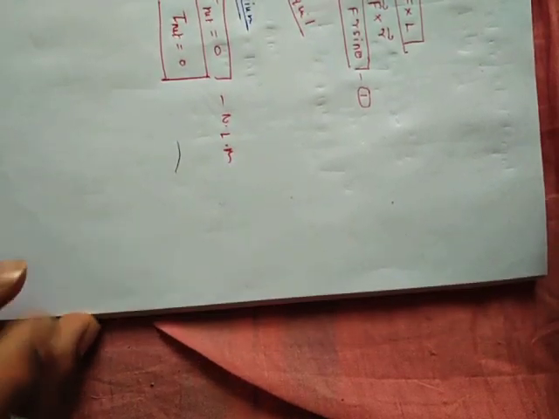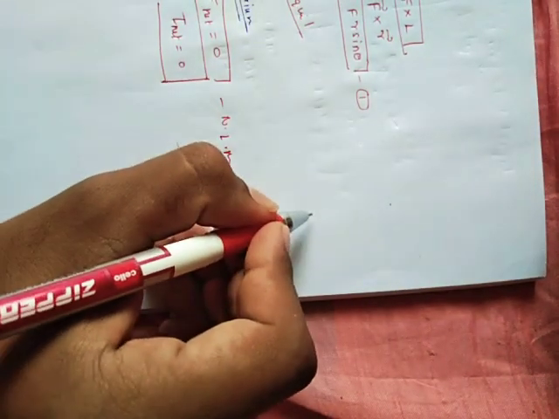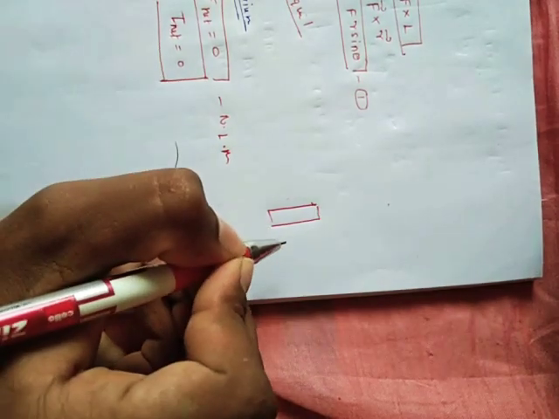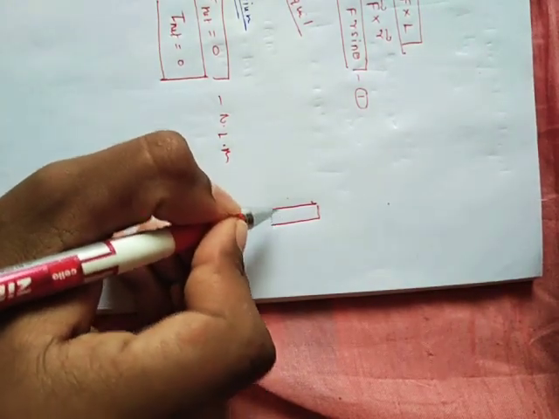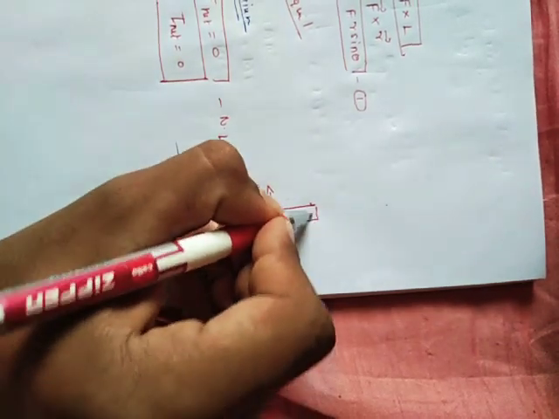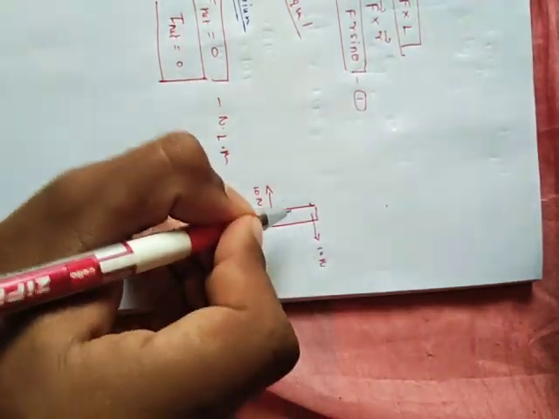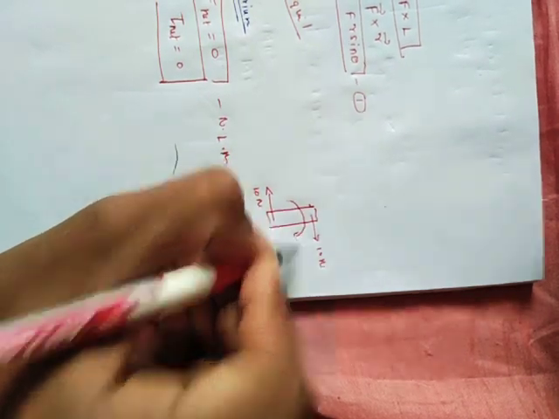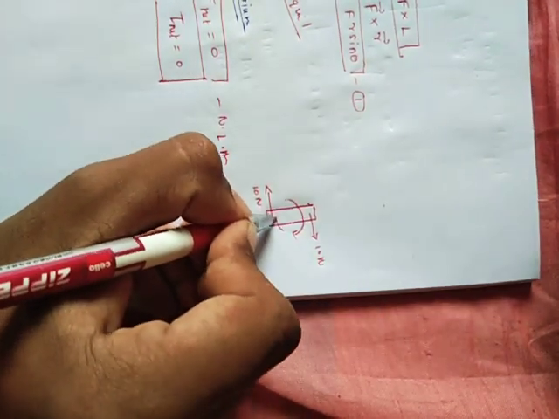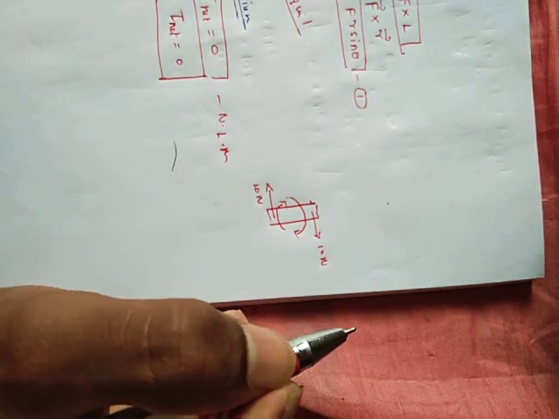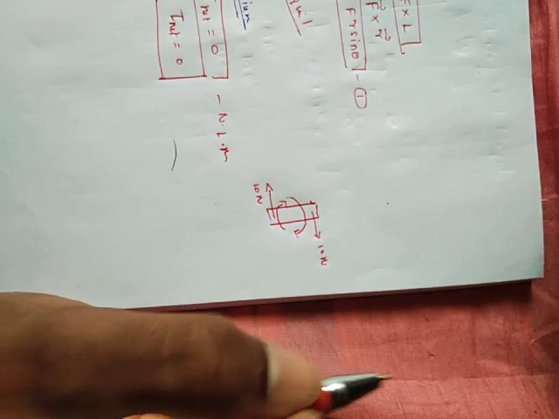Suppose you assume an object, I am just giving an example, like a bar. I am applying 10 Newton in this direction and also 10 Newton in this direction, with the center as the axis of rotation. Is this system in equilibrium?